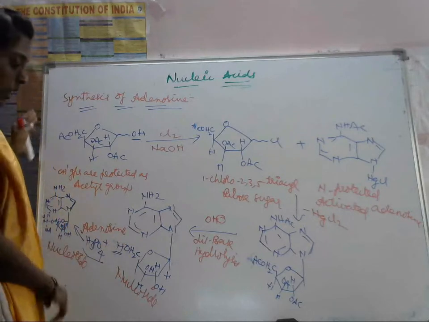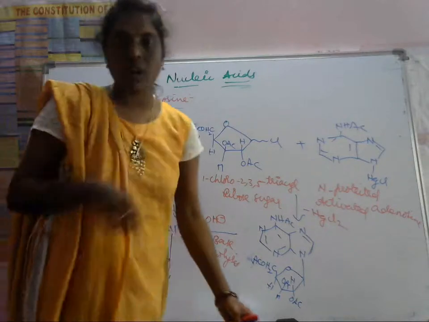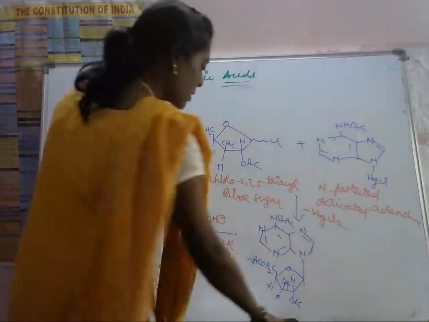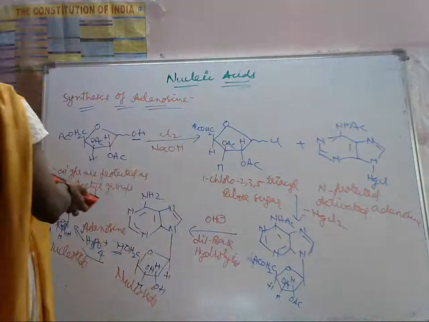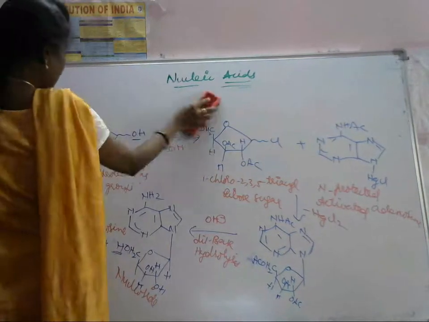If we replace this H with the phosphate, it forms the nucleotide. Now let's see the retrosynthesis of adenylate acid. This is the synthesis.